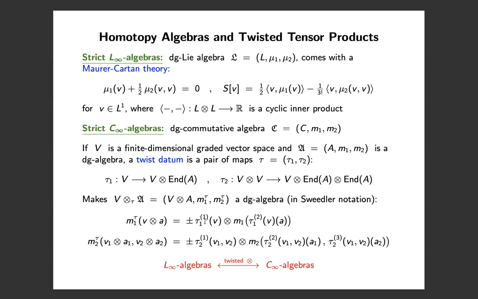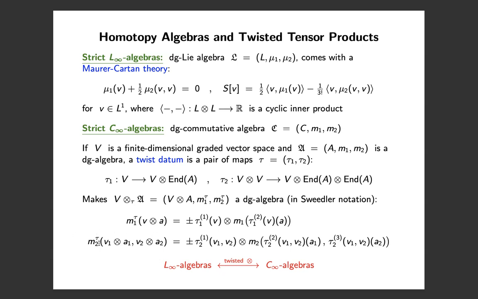The first leg lands in V, and then you tensor that with the differential of the ordinary algebra, where the second leg, now an operator on A, is acting on the corresponding second leg here. It just takes a few minutes to stare at that and understand precisely what it means, and we'll use this in examples later.